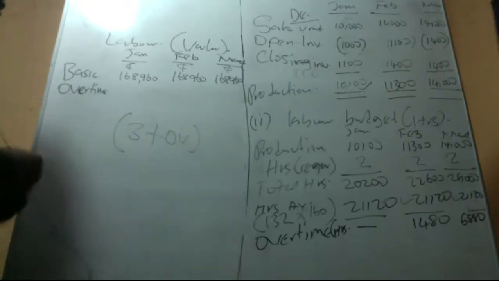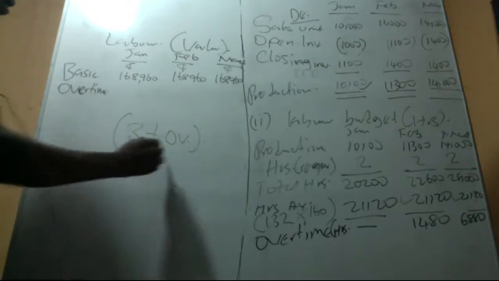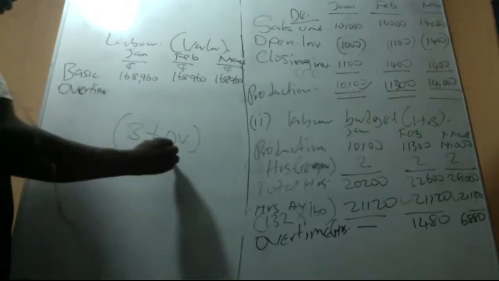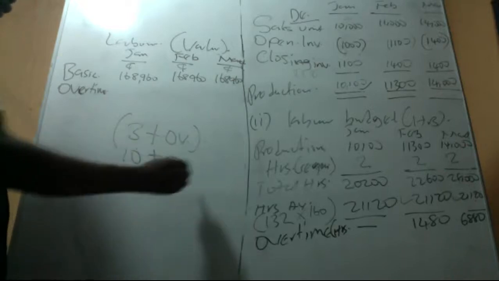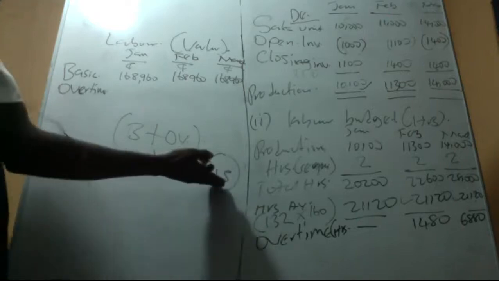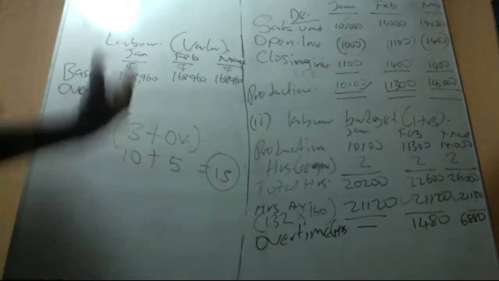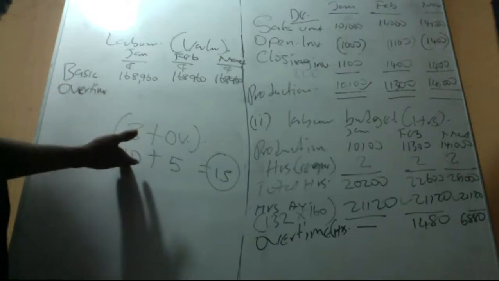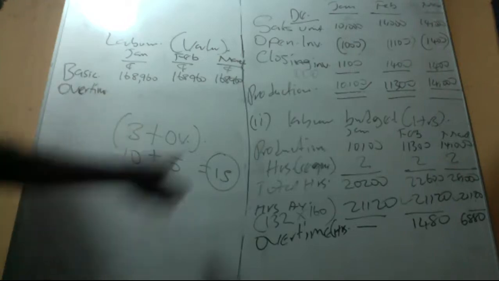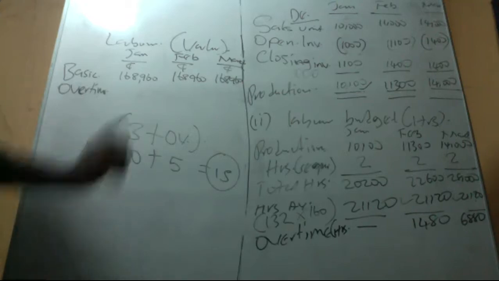So if your basic is, let's say, 10 Ghana cedis plus an overtime premium of 5 cedis, they'll give you 15 cedis per hour. Anybody that works overtime, you pay the person 15 cedis per hour. Meanwhile, their normal pay is 10 Ghana cedis per hour, but for overtime you are paying 15 cedis per hour.